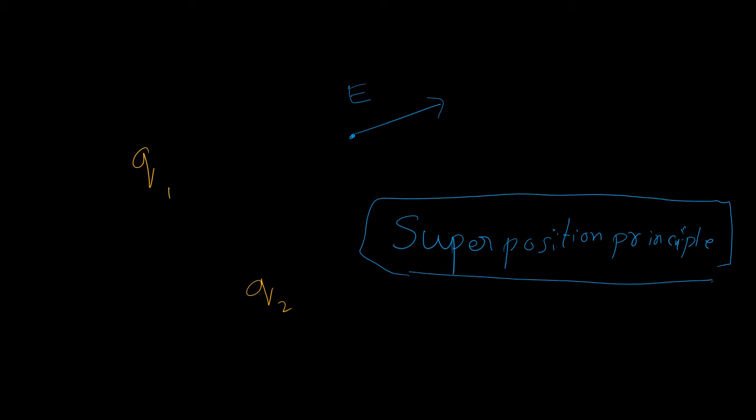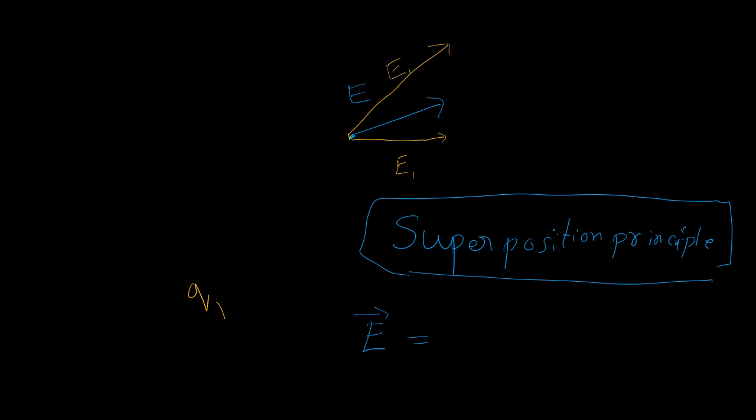That means if E is the net electric field present at that point, then you forget Q2 and have only Q1. Then there will be an electric field E1. Now you forget Q1 and have charge Q2, then there will be a field in this direction.